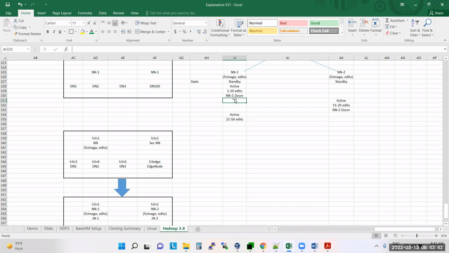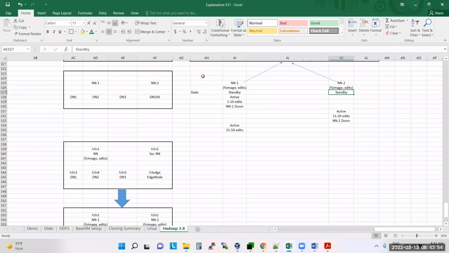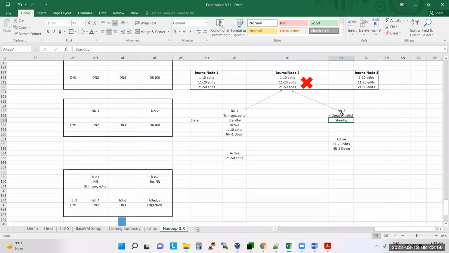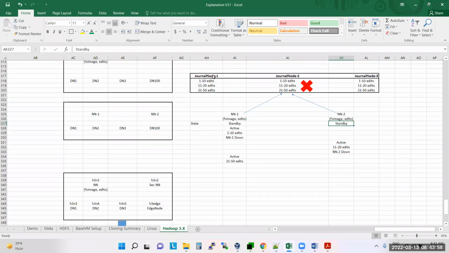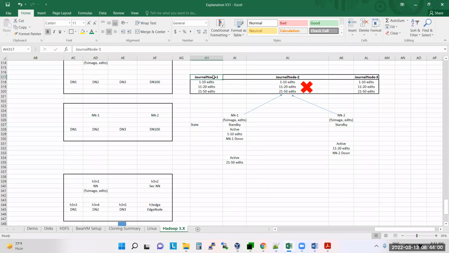The common place will be maintained by the journal node service. If the name node service talks to the journal node service, the journal node service will give it. Here, name node 2 is not going and taking the edits directly. Name node 2 is taking help of journal node 1 to get the edits.